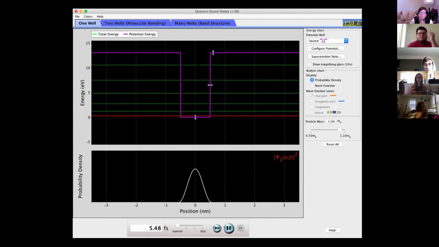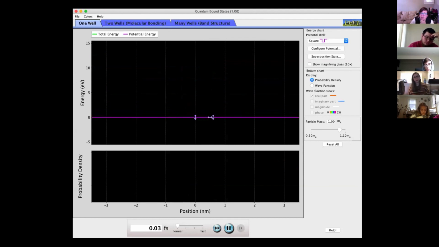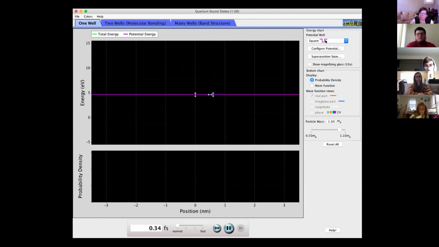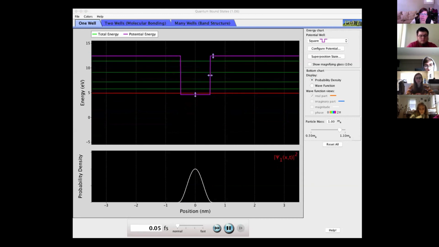in this well. Okay, so if we want to make it really like a delta function potential, we should put this whole thing down to here and then pull. Oh, I just blew it. Sorry, let me configure the potential as well. So let me just figure out if I can pull it all the way down.